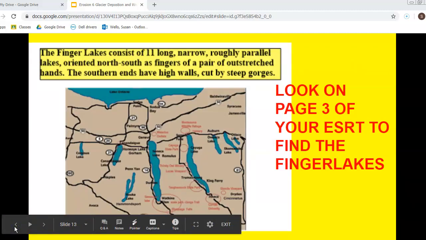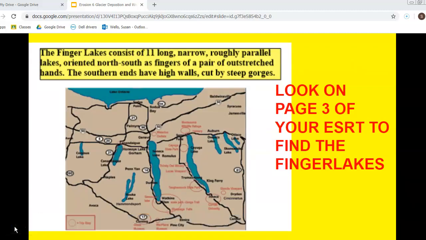Mr. Organic in the beginning intro talked about how river valleys get changed into U-shaped valleys. We have 11 very long, very narrow lakes, oriented north-south because the glacier came down from the north and traveled south.